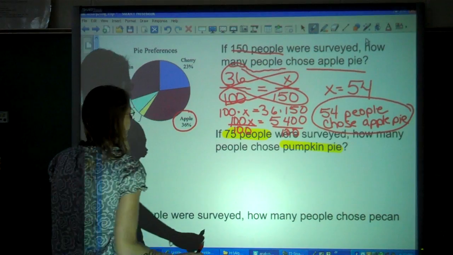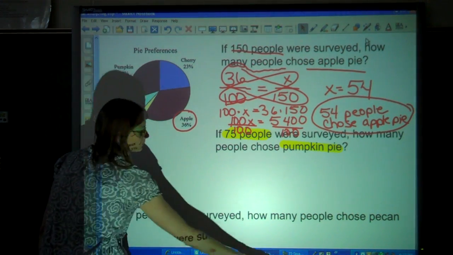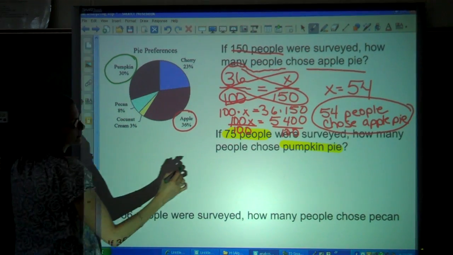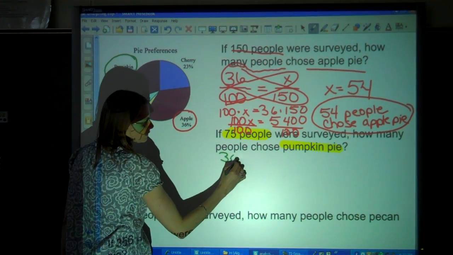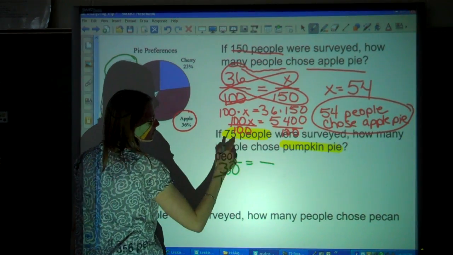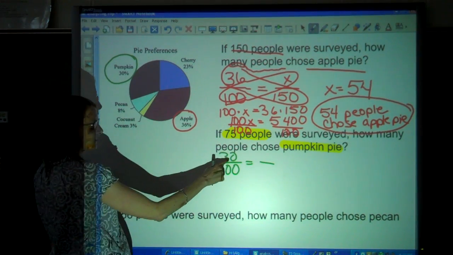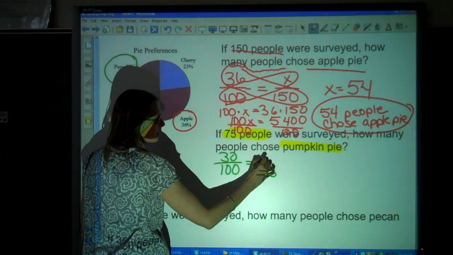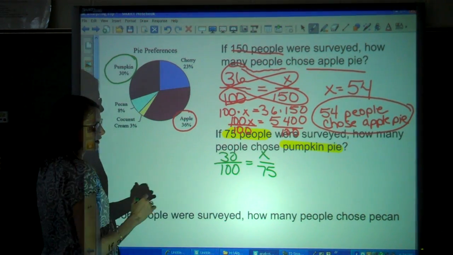So if I look over at my graph, pumpkin pie is 30%. So I'm going to write 30 over 100 equals 75 is not the 30%, it's the whole 100, all the people together. And I'm trying to find out what the 30% is.